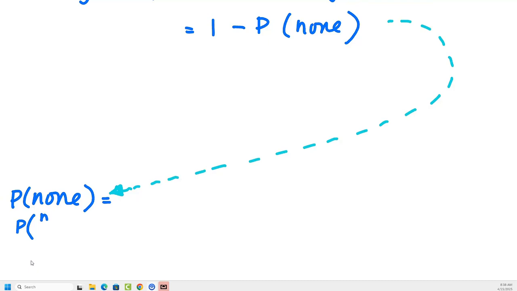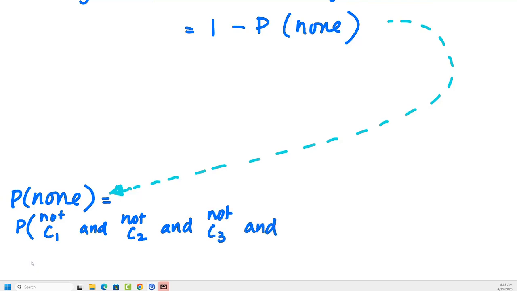Not, so this is going to be not C1, okay, and not C2, and not C3, and there's 4 phone calls, so I'll do not C4.